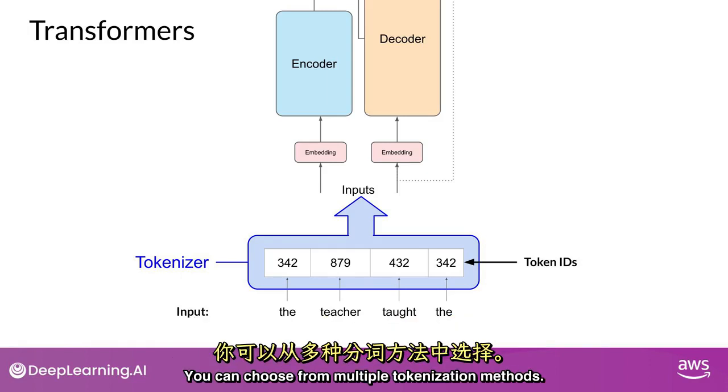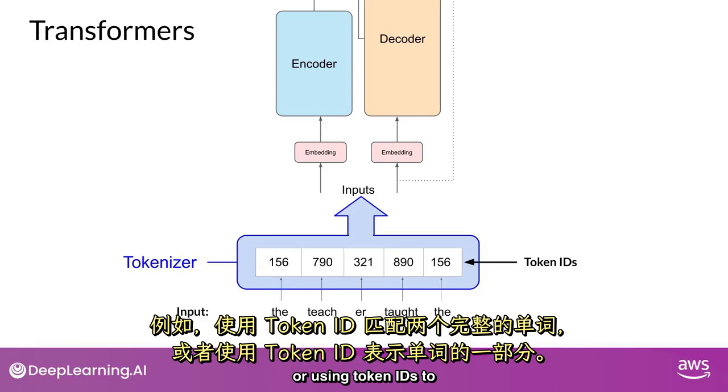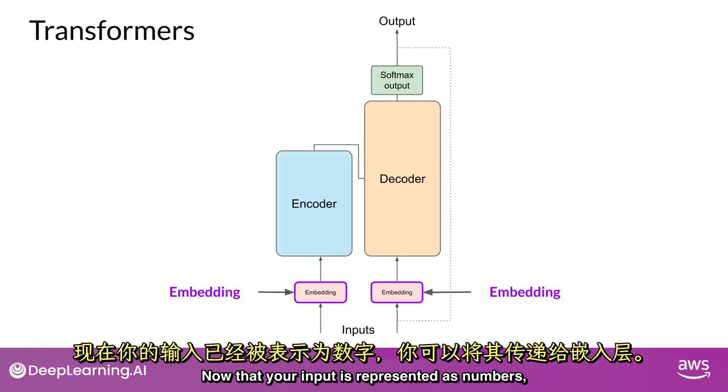You can choose from multiple tokenization methods, for example, token IDs matching to complete words, or using token IDs to represent parts of words, as you can see here. What's important is that once you've selected a tokenizer to train the model, you must use the same tokenizer when you generate text.